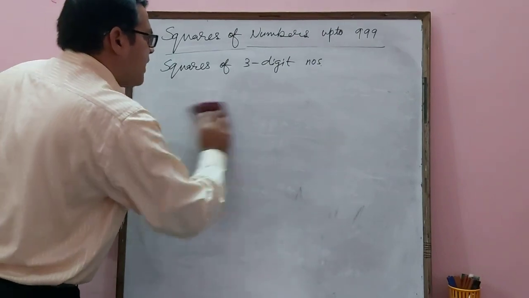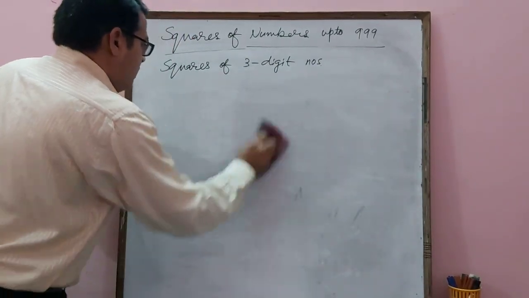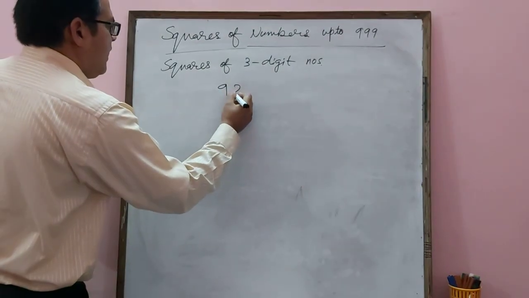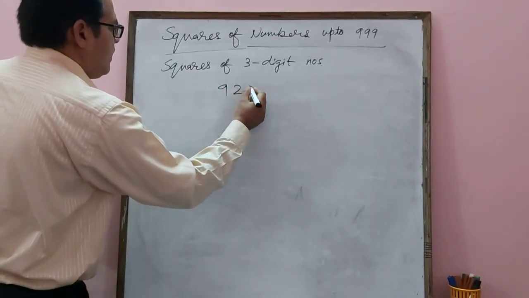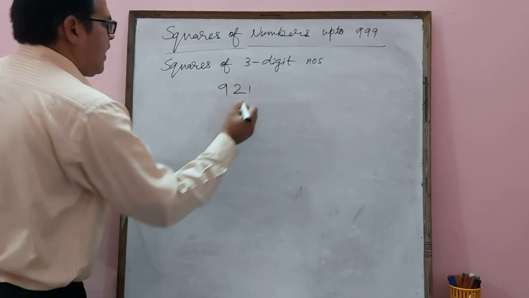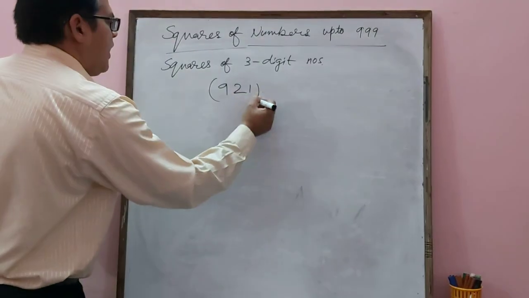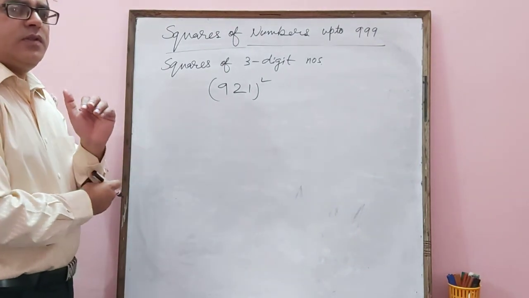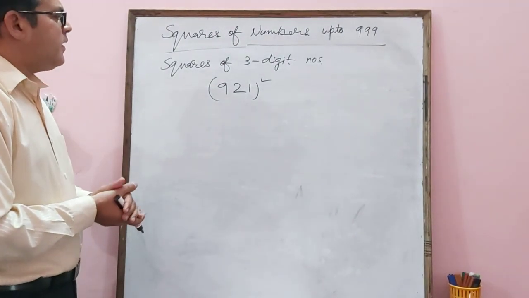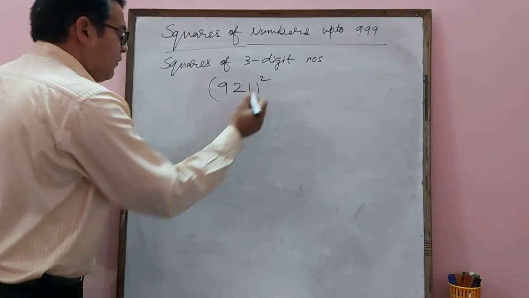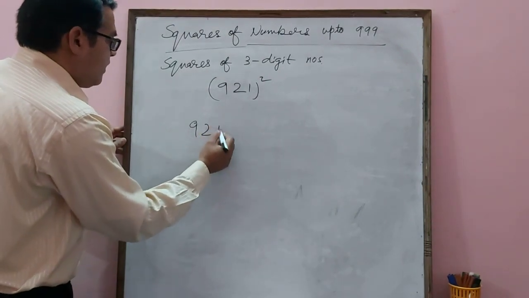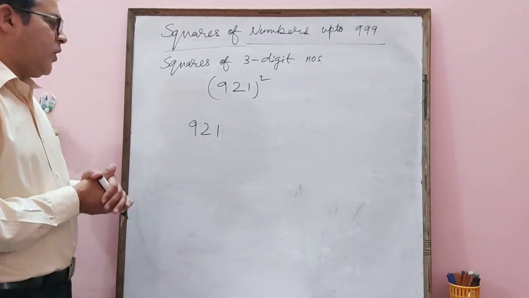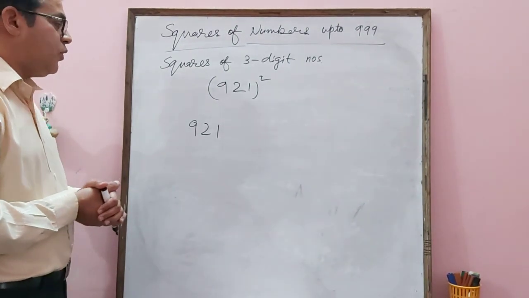This time I am taking 921. I want to find the square of 921. Right? So find the number which is nearer to this 921, which has zeros in it.